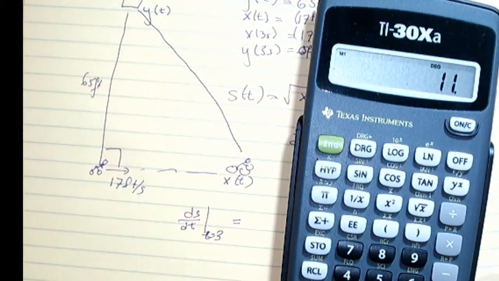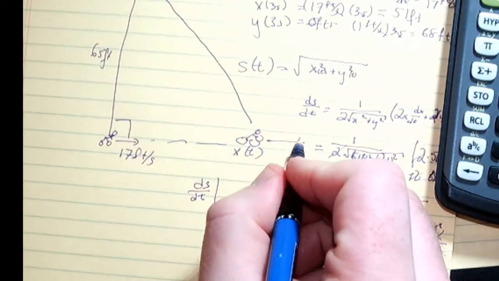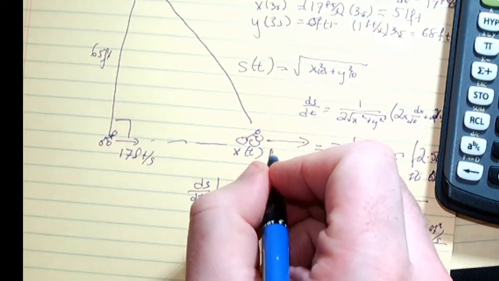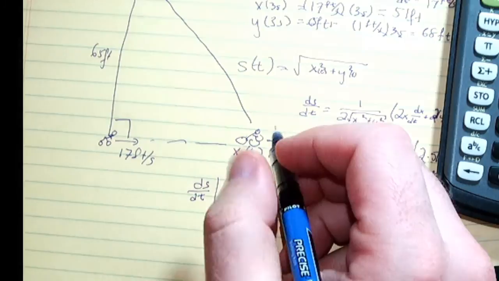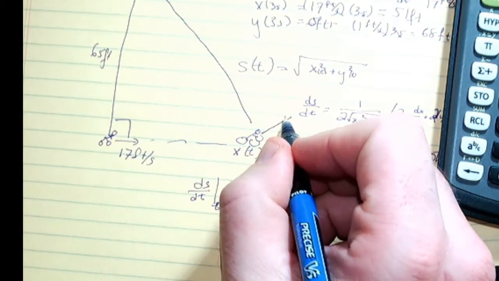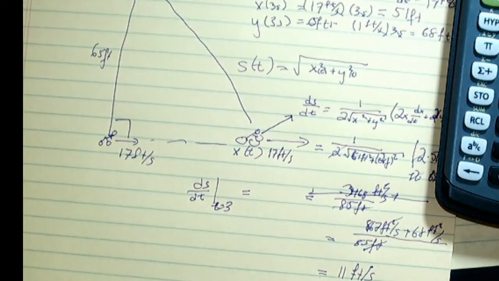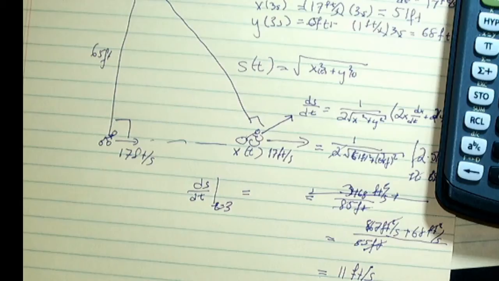Why is it slower than 17 feet per second? Because some of that speed that the bicyclist is doing isn't helping. If you've done some vector math, the bicycle's trying to get away at 17 feet per second. He's scared of the balloon for some reason. And you could break that down into 2 components. There's a component that's at right angles to the line connecting the balloon and the bicycle.